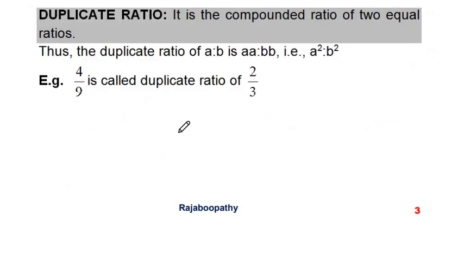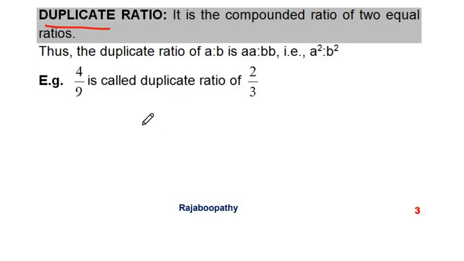So next is the duplicate ratio. What is a duplicate ratio? Similarly, we have a triplicate ratio. The duplicate ratio of a number is the square of the number, or write the numbers 2 times and multiply.